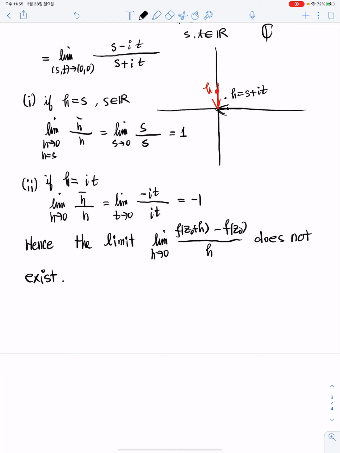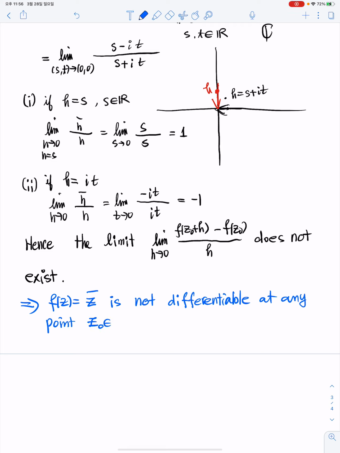So this implies f(z) equals z conjugate is not differentiable at any point z0 in the complex plane.